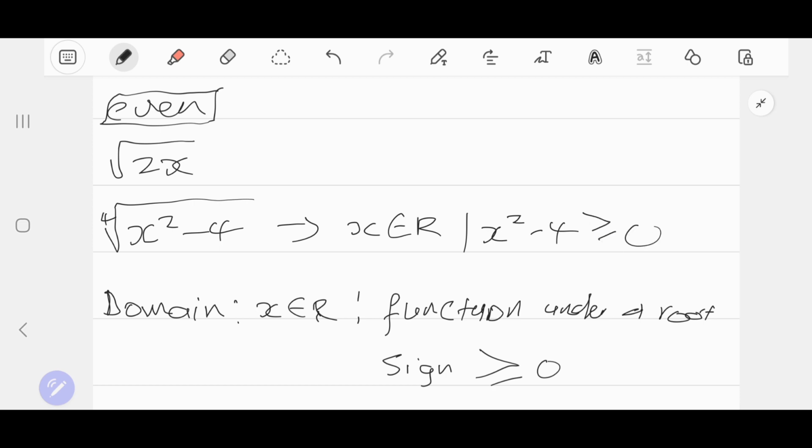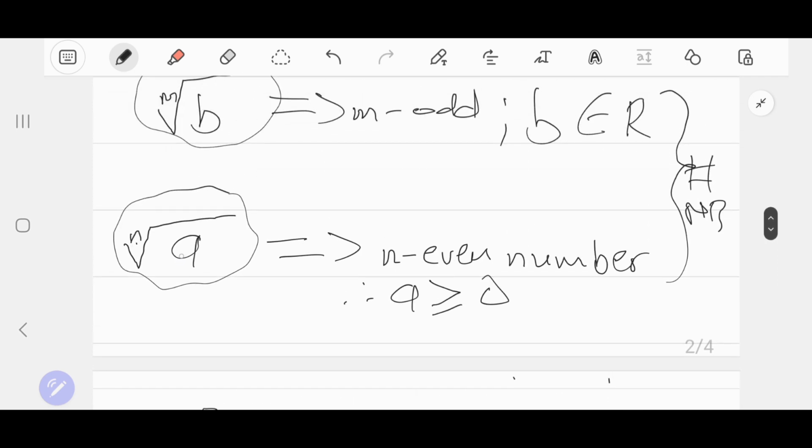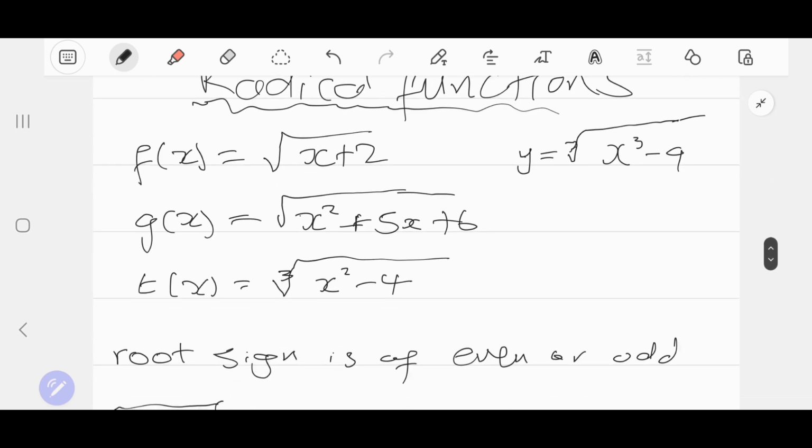Because remember, what did I say, people? If the root sign is of an even number, then whatever is inside needs to be positive or equal to 0.